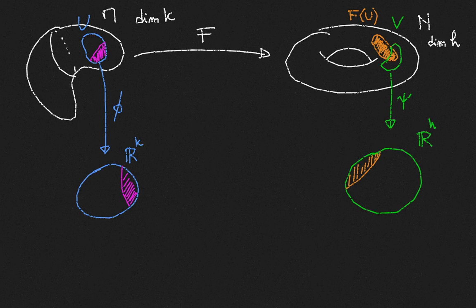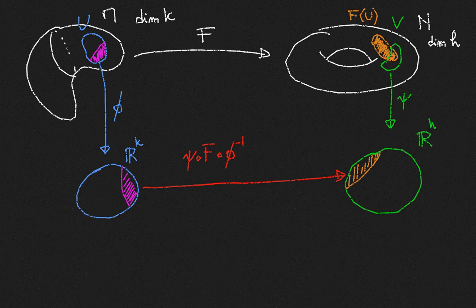Now, what can we do? We can, as before, define a function here, which is going up with the inverse of phi, going through f, and then going down with psi. So we have psi composed with f, composed with phi to the minus 1, which in general will be defined on a small part.